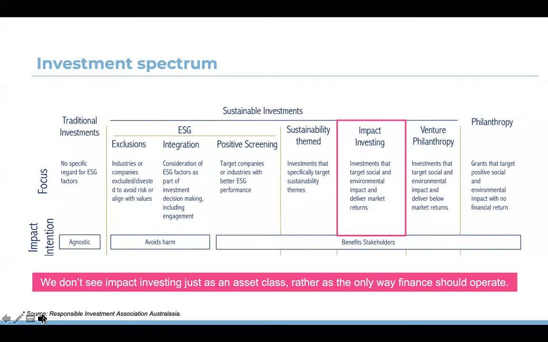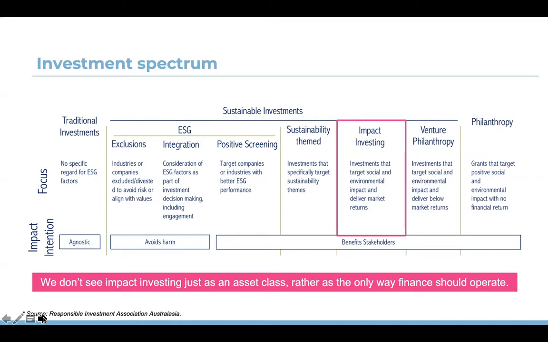Then there is ESG integration, which means that the investment decision process also takes into consideration ESG factors. And the more advanced stage is where investors actually screen companies and industries, looking for those with the best ESG performance.